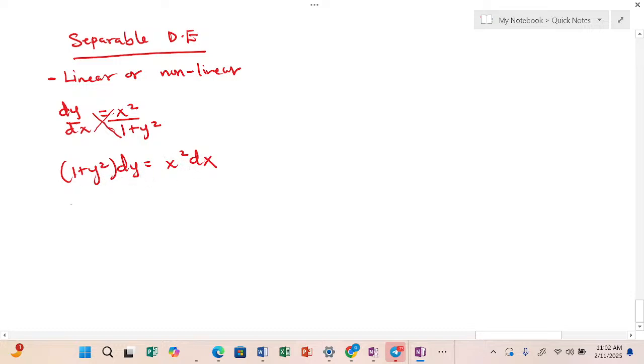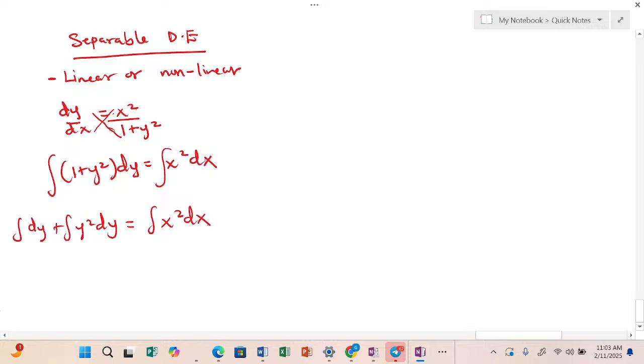So now we quickly do our integration. So integral of this expression and then integral of this expression. So we get integral of dy plus integral of y squared dy is equal to integral of x squared dx.